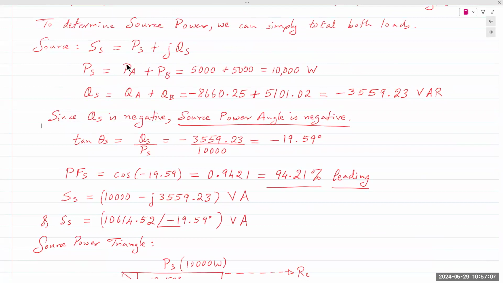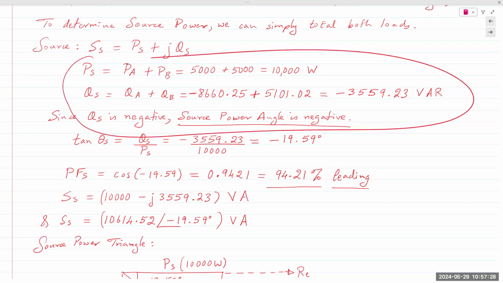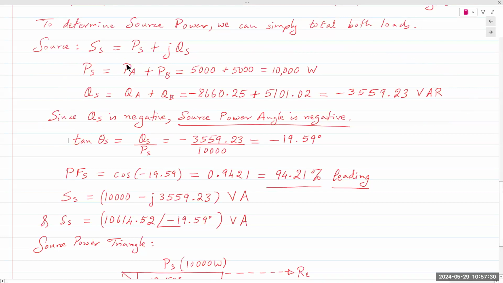One source in the system, but there are 2 resistors and a capacitor and an inductor in the system, meaning you have 2 average powers and you have 2 reactive powers. You add up all of them together, that gives you the total power supplied by the source, S. So SS here is all of this added up together.